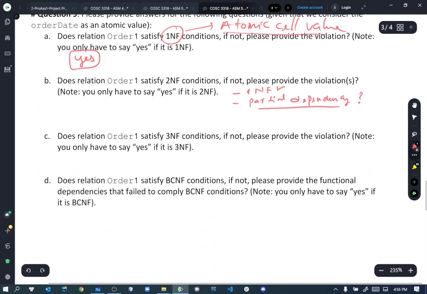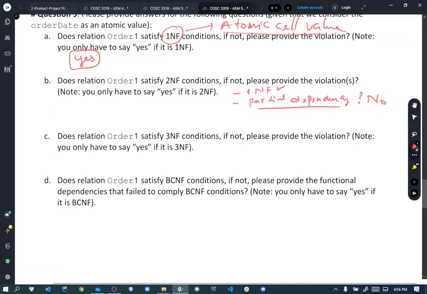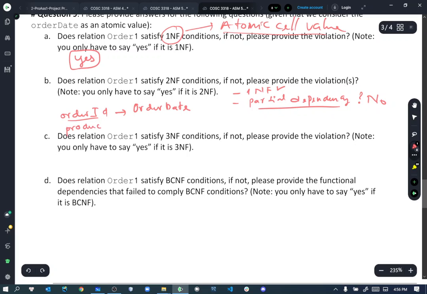So for the second condition, you say no. And the evidence is that you see there is a partial dependency: order ID determines order date, it is partial. And product ID determines product name, product price, it is also partial.